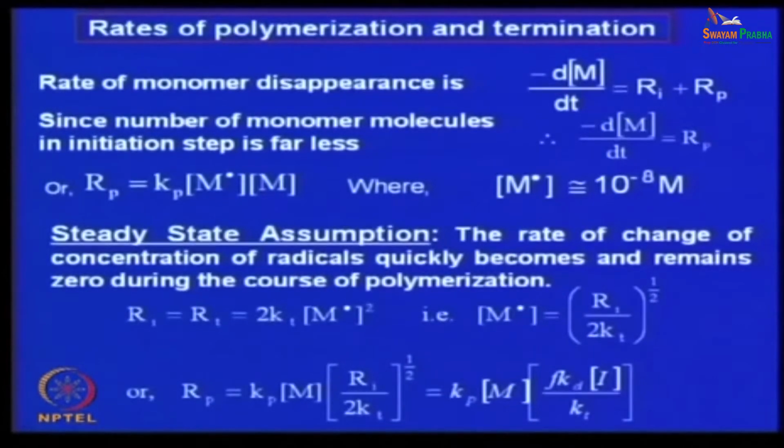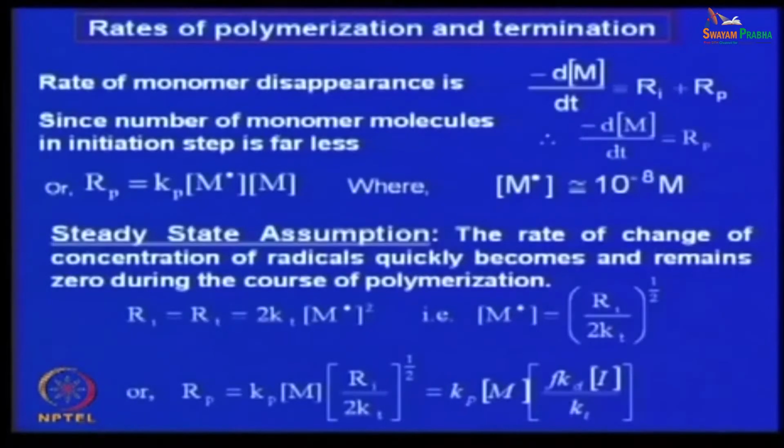In those initiation steps only one monomer is involved, whereas when all those initiated chains start consuming monomer in the propagation step, the overall consumption of monomer in the propagation step is far and far ahead of the monomer consumption in the initiation step. So R_I in this rate expression, if it is neglected, there is nothing wrong.